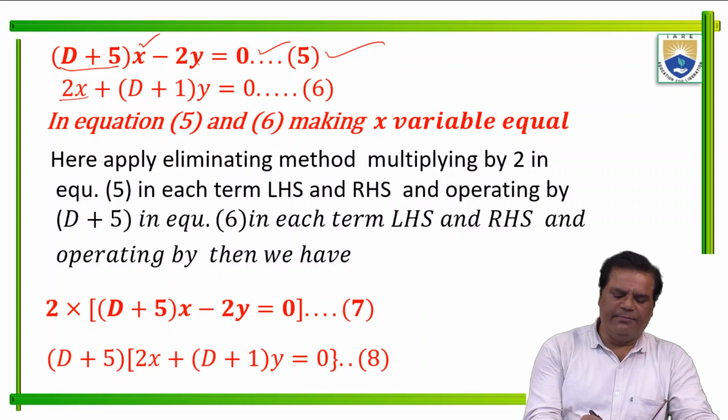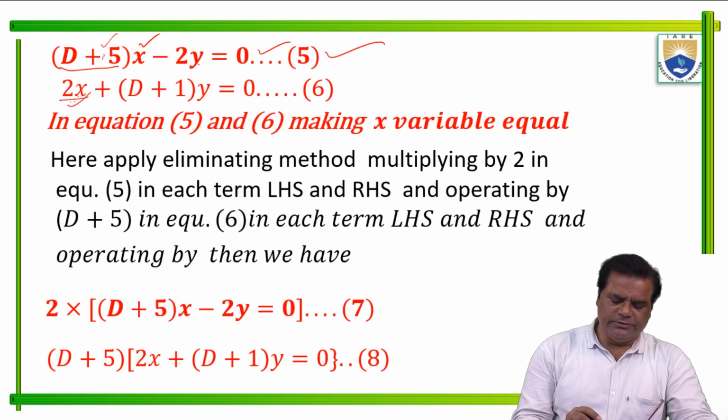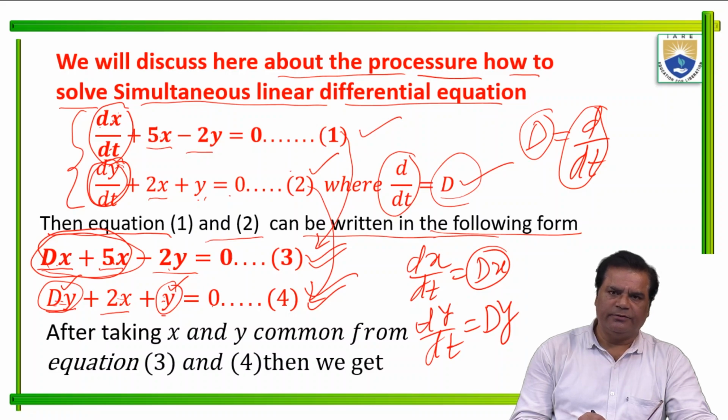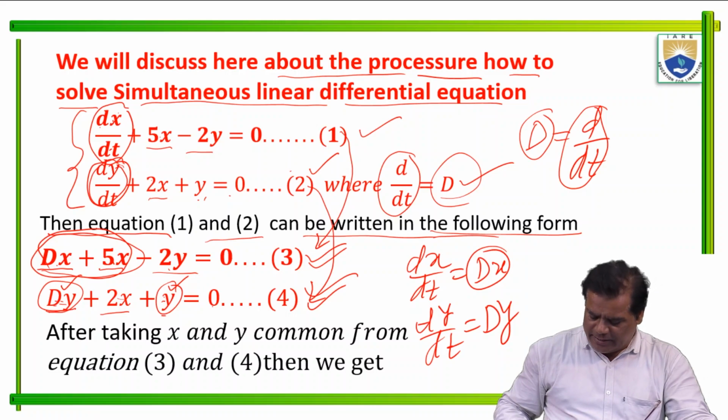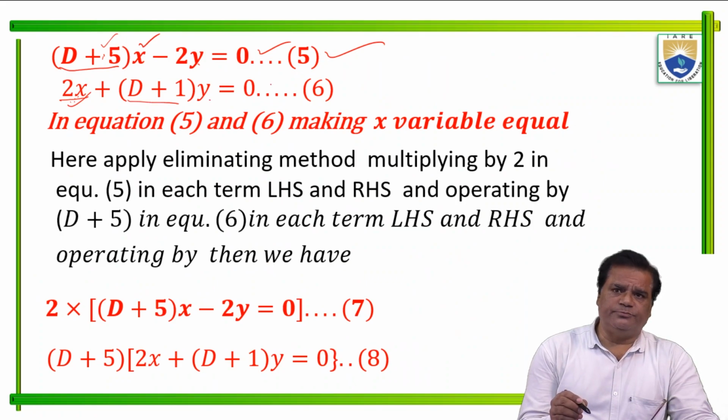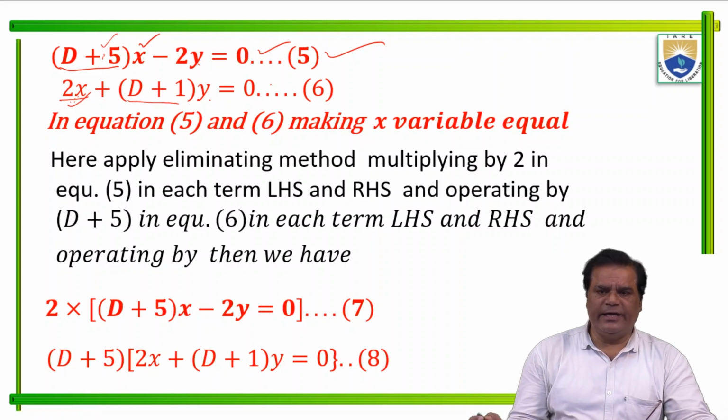Here plus 2x; in the first equation the first term is x, and in the second equation also the first term is x, so I am writing 2x. And taking common Dy plus y on the right hand side, D plus 1 y equal to 0. So after taking x and y common, we get equations 5 and 6.